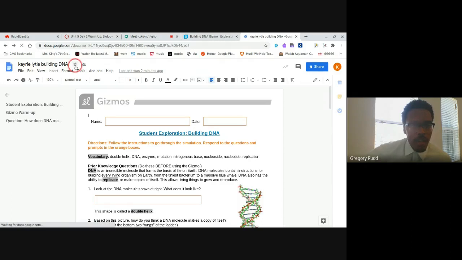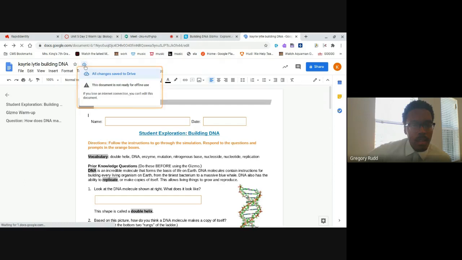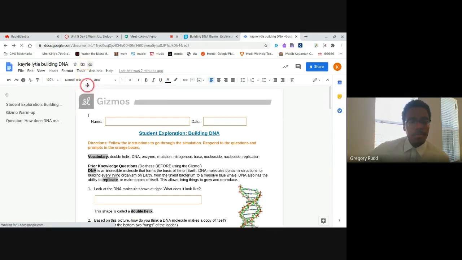There should be a folder that comes up next to that in a few seconds as it finishes loading. Or click on the cloud, yeah. Okay, that's not it. Okay, so instead click on File. Oh, there's the folder right there. Yeah, click on that folder.